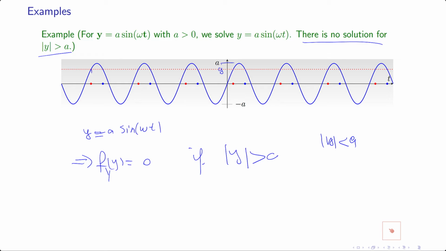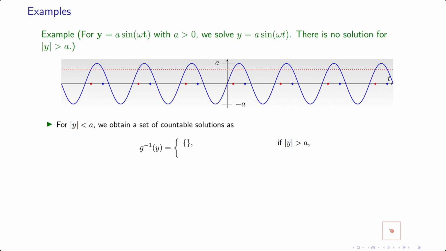One solution is here, the other solution is here. But these solutions repeat. So the red dots are not just one solution, it's an infinite number of solutions, but it's countable. The blue dot ones also are solutions, but they have a constant period.